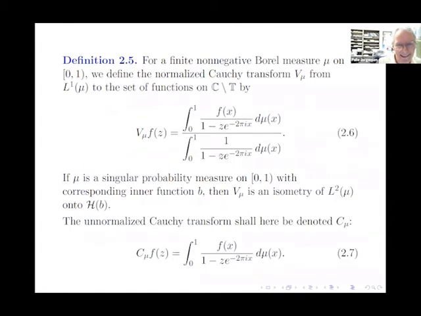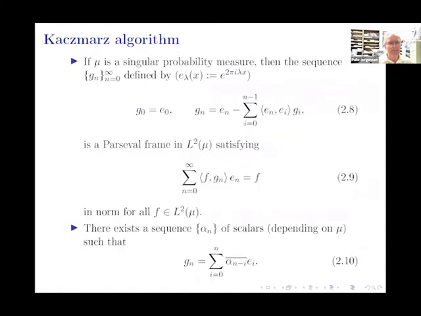And hidden in the denominator in 2.6 here is really the inner function, because the quotient here is the unnormalized Cauchy transform times 1 minus B. So keep that in mind. That means you see immediately that V mu of F maps into the subspace of Hardy space that's usually called HB in the de Branges-Donald-Sarason terminology. Okay, so that's that. I don't have time to go into all of that.